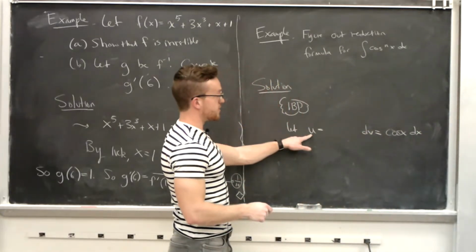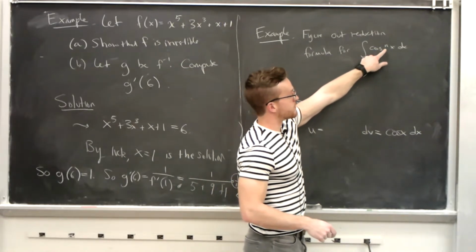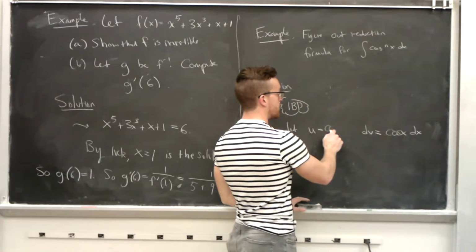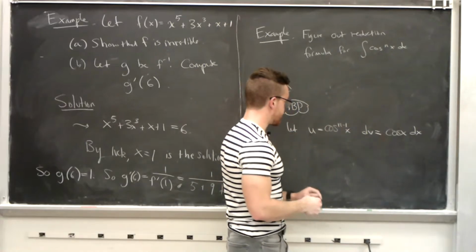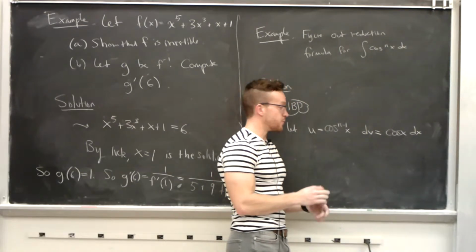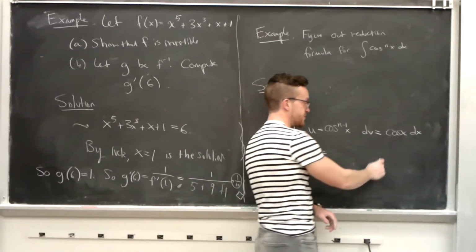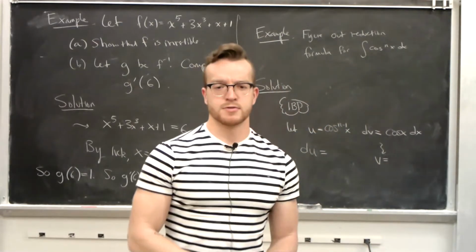What does that leave for u? Well, if I call dv one copy of cosine, there's n minus 1 copies left. So u would probably have to be cosine to the n minus 1. All right, so then we need du and v.